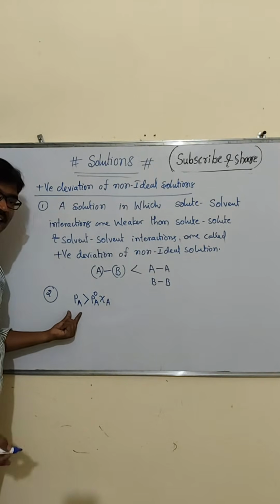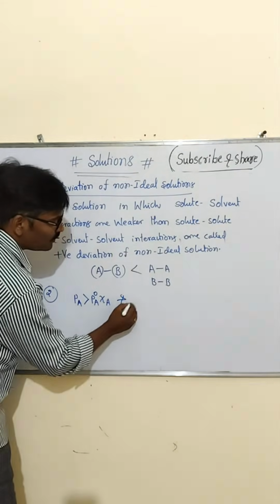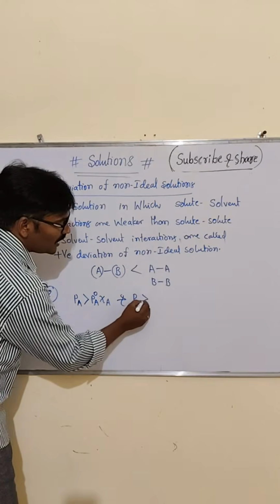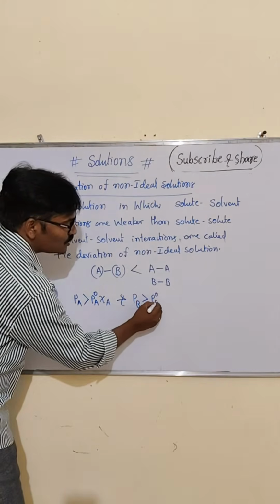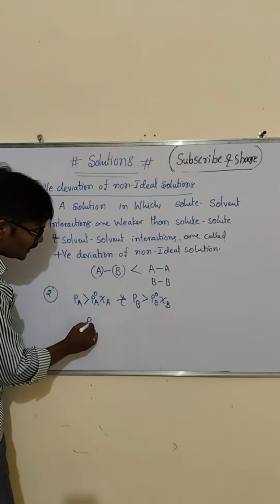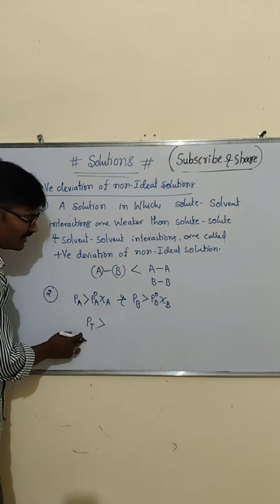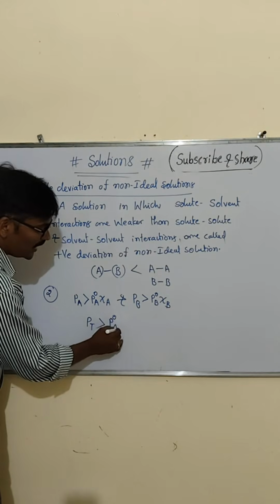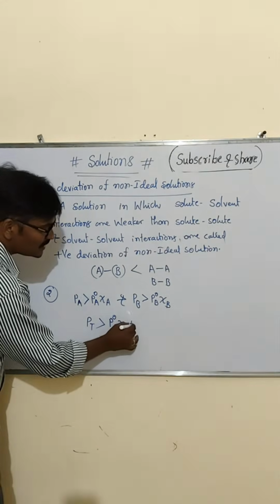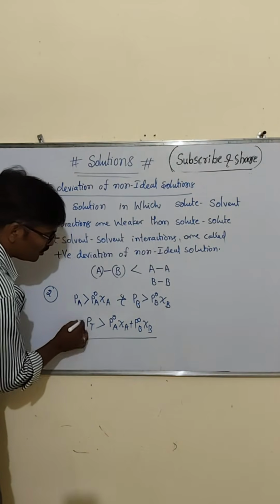Not only for this component, even PB is greater than P naught B into mole fraction of B. Then automatically P total is greater than P naught A into mole fraction of A plus P naught B into mole fraction of B. That you have to remember.